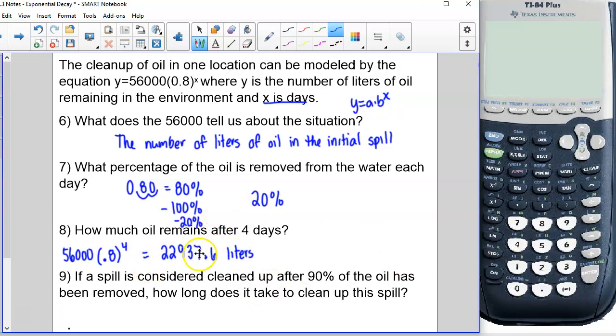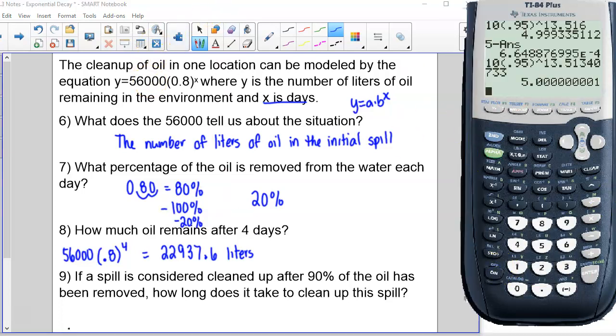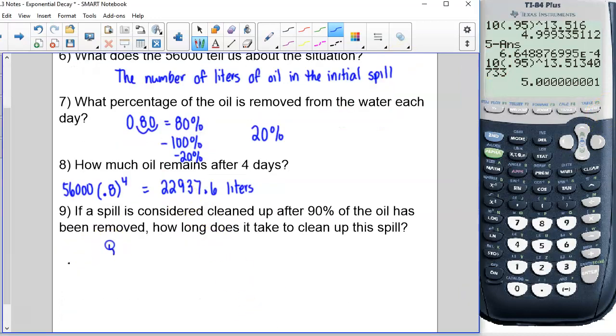Okay, no, because this is not how much oil was spilled, right? 56,000. So we're going to find 10% of 56,000. So we're going to do 56,000 times 10%, and Evan knows that that is 5,600. And he knows it really quickly without a calculator, right? Because 10%, we just move that decimal one place.